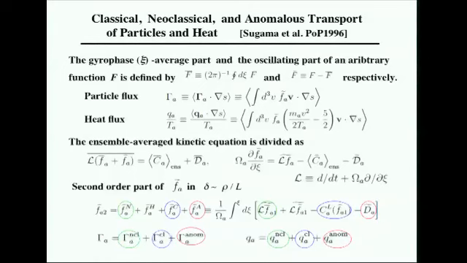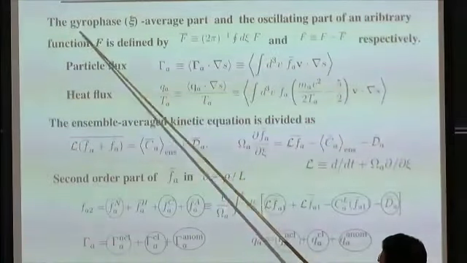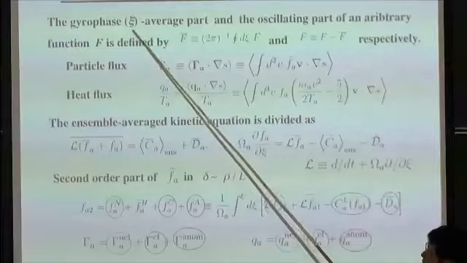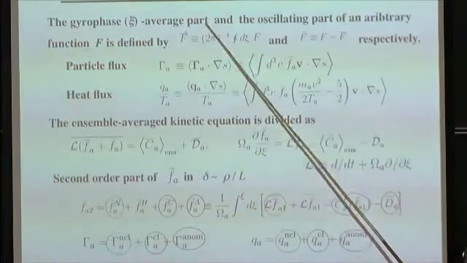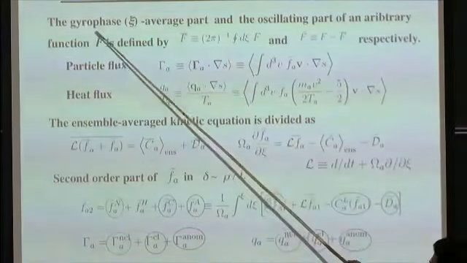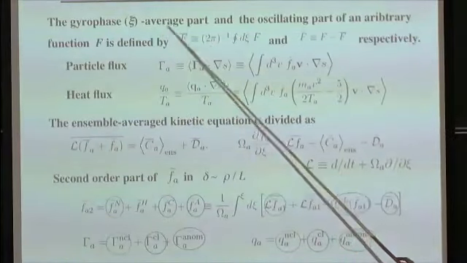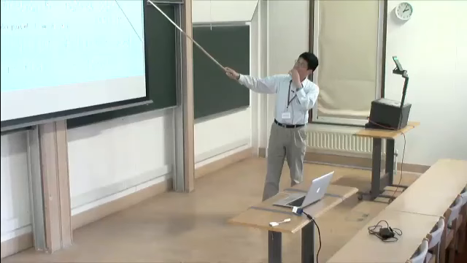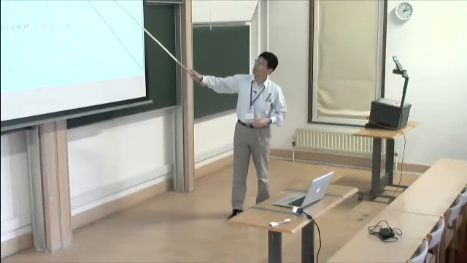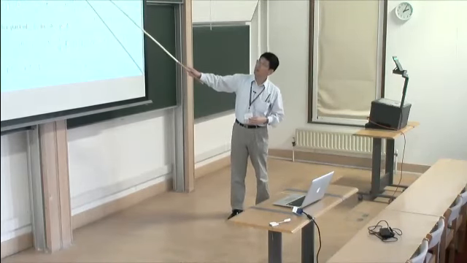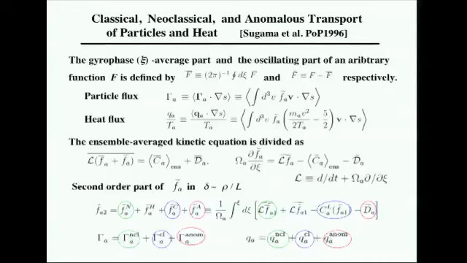Now, classical, neoclassical, and anomalous transport of particles and heat are defined in this slide. Here, first, we use a gyro phase angle average in the velocity space. And then we define the gyro phase average part and oscillating part of the distribution function f, by this overline f and f tilde.